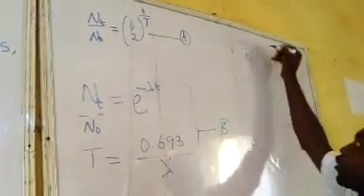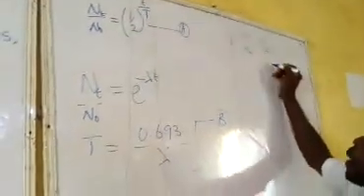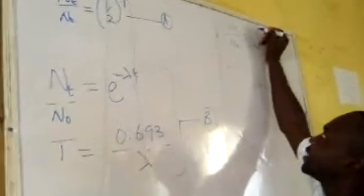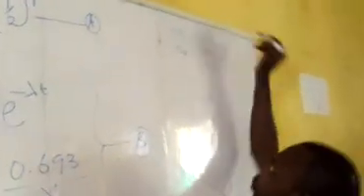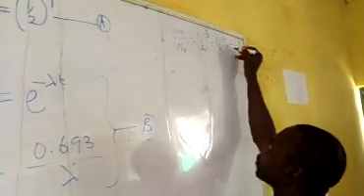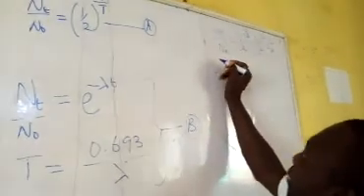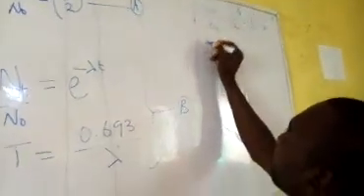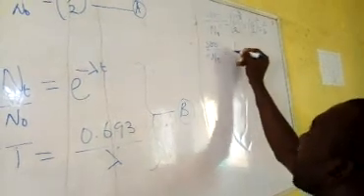All equals to 1 over 2 raised to power 6 over 3. Good. And when you simplify this further, you have 1 over 2 raised to power 2, which is the same thing as 1 over 4. So that means we have 500 all over N T is equals to 1 over 4.